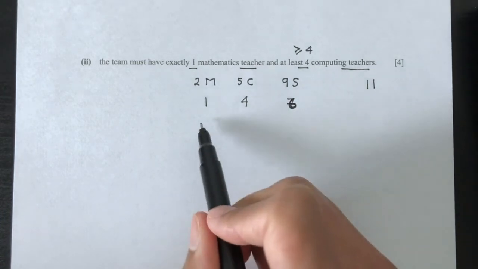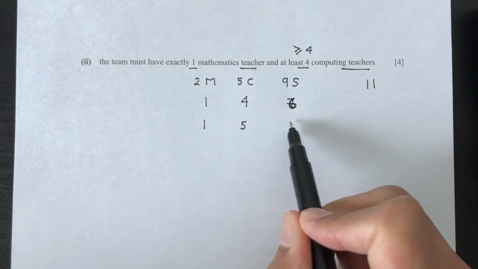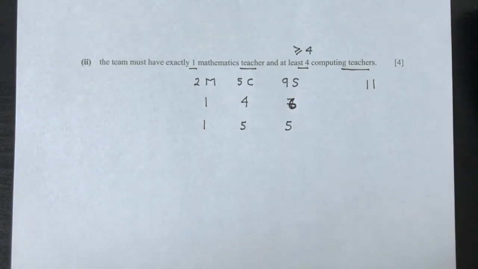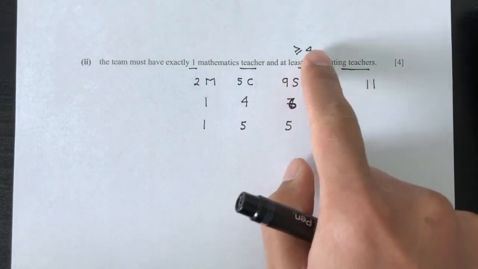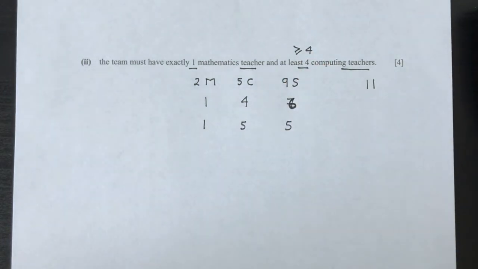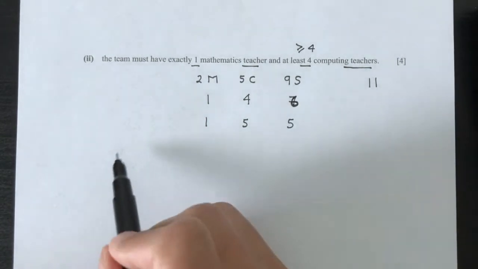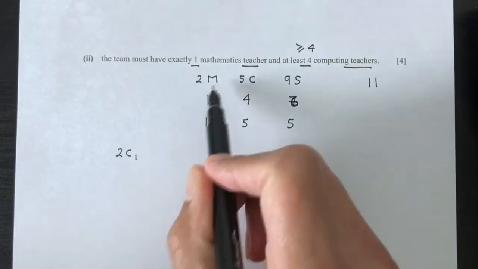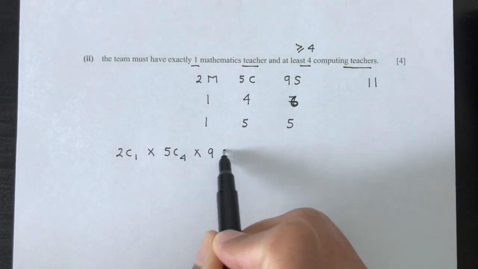Now, we can still choose all 5 computing teachers, and then we can choose 5 science here as well. So these are the only combinations that are possible. So we can have 1 math teacher, at least 4, meaning 4 or 5 computing teachers, and the rest will be science teachers. So first one is 2 choose 1 times 5 choose 4 times 9 choose 6.